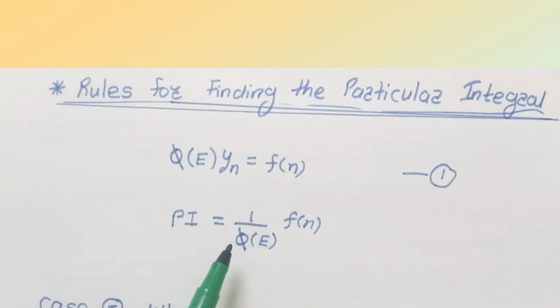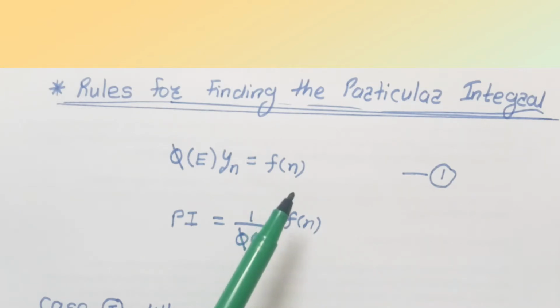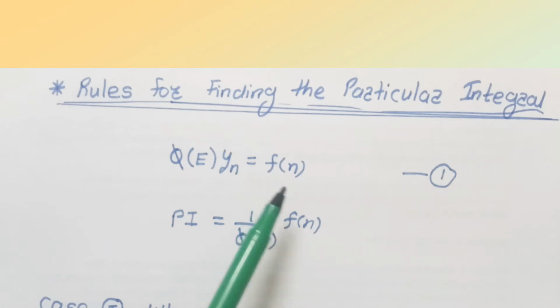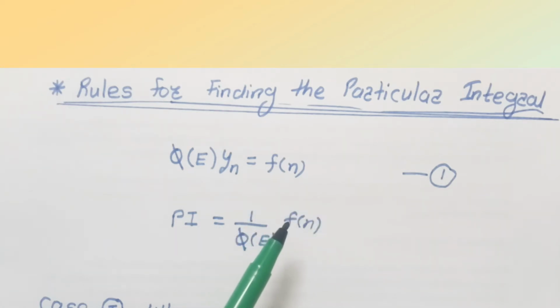So we get 1 upon phi(E) f(n). Actually this is not a multiplication, it is an operator. Here E is an operator, and 1 upon phi(E) is again a new operator. So this operator we apply on the function f(n), which comes from the right hand side of equation 1. Now as per the function f(n), we get different cases to find the particular integral.